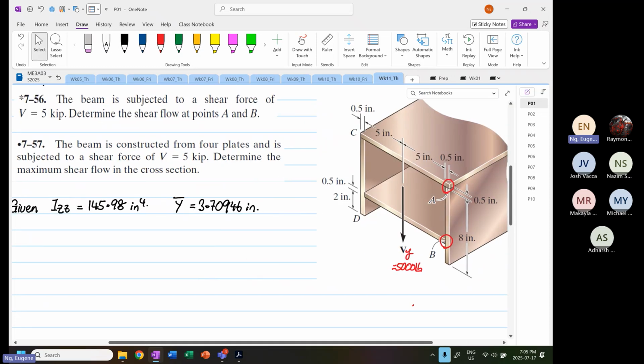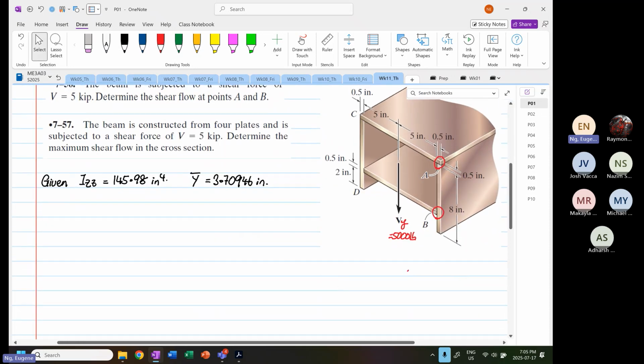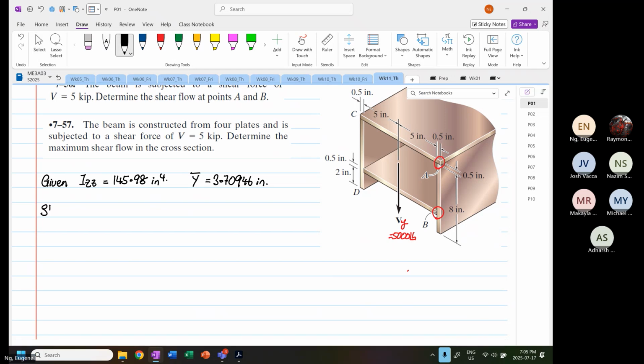I'm going to do a sketch of the shear flow.